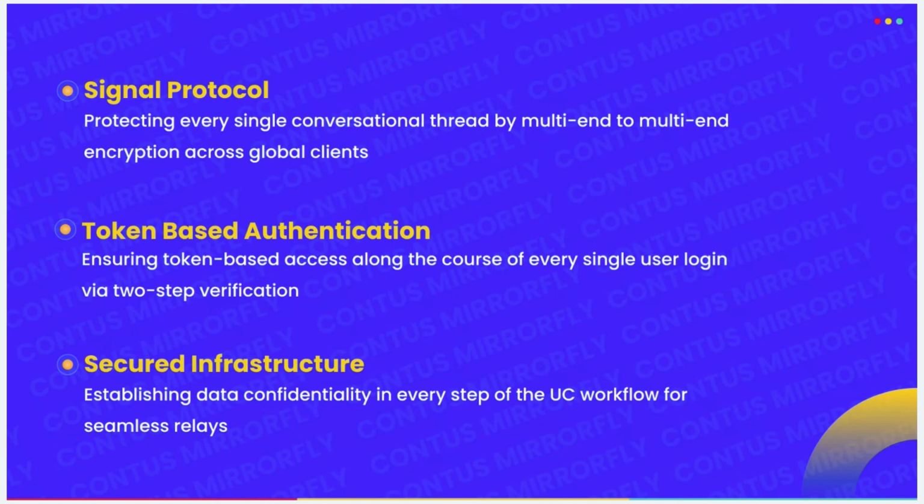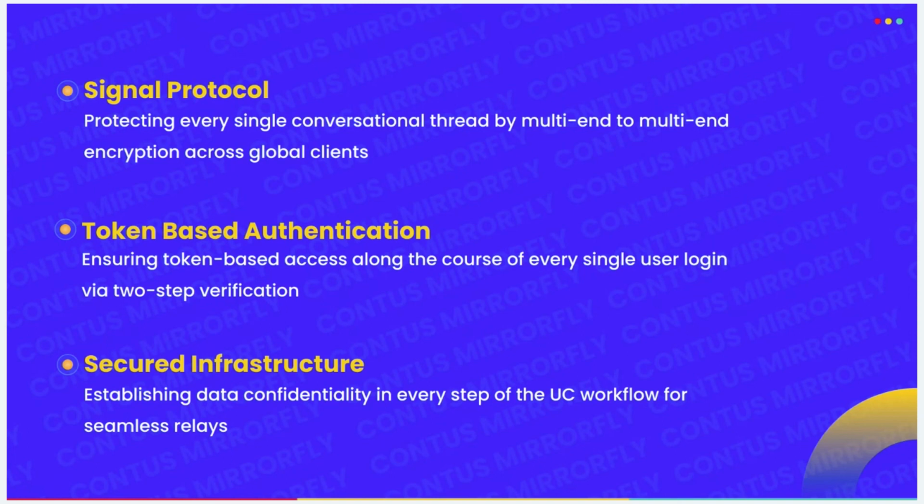And then token-based authentication. As I said, at every user entry point we do token-based authentication, and we also enabled two-factor authentication. The user will be verified by OTP and then username and password to make sure they are authenticated 100%.